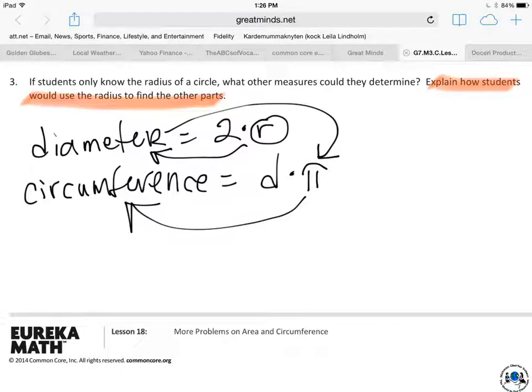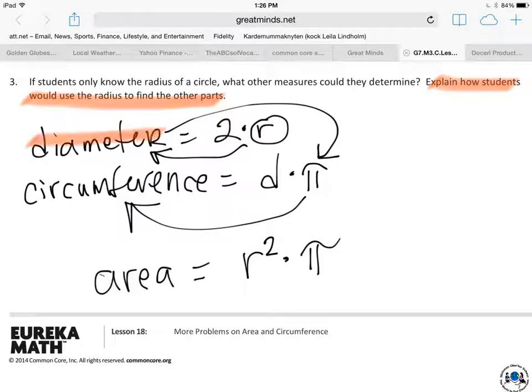And the area can be found by multiplying the radius by itself, which is squaring it, and then multiplying that by pi. Therefore, if we have the radius, we pretty much have the ability to solve for diameter, circumference, and area. That is everything we need.